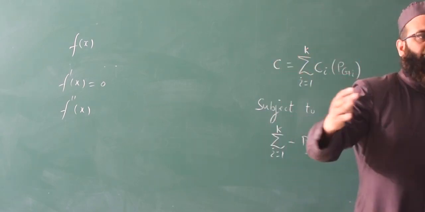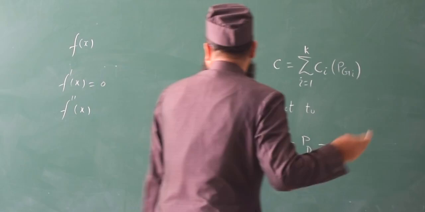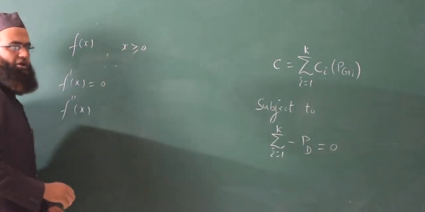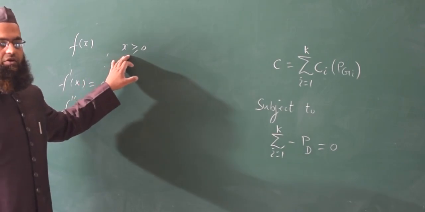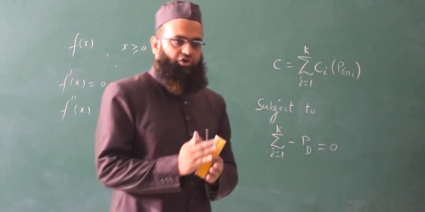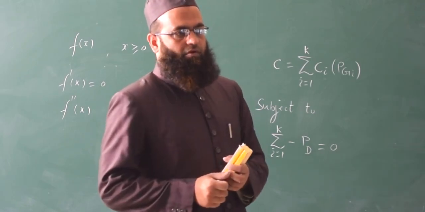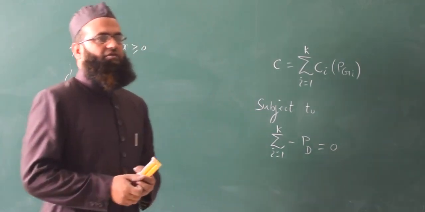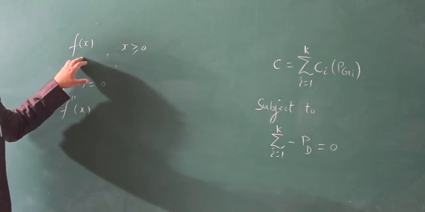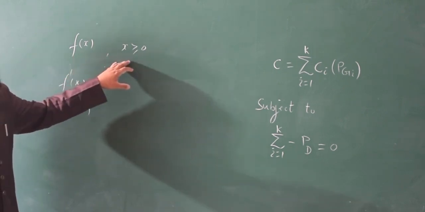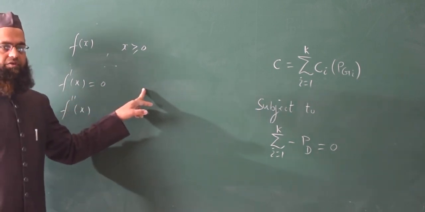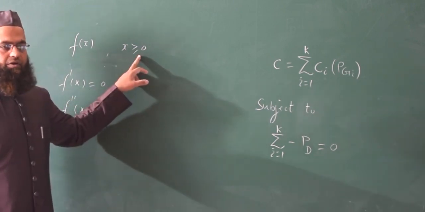Suppose somewhere it is given x is greater than or equal to 0. It means it is a constraint. So you have to take x corresponding to positive only. You have not to take negative x. It means this is a constraint problem, optimization with constraints. So although if you are getting some x negative, you will discard that because you are having one constraint here.